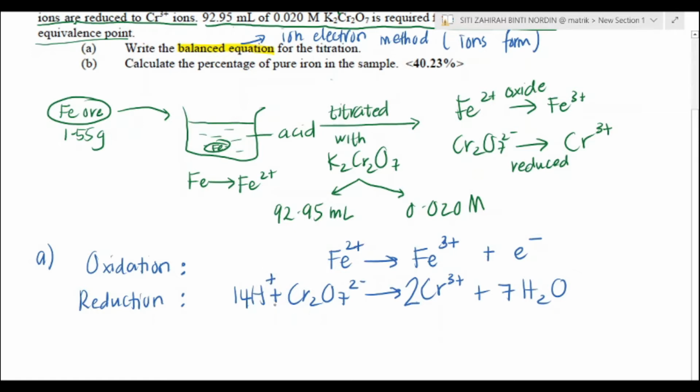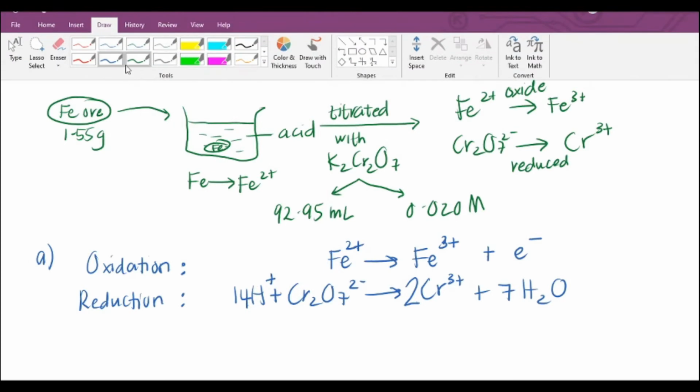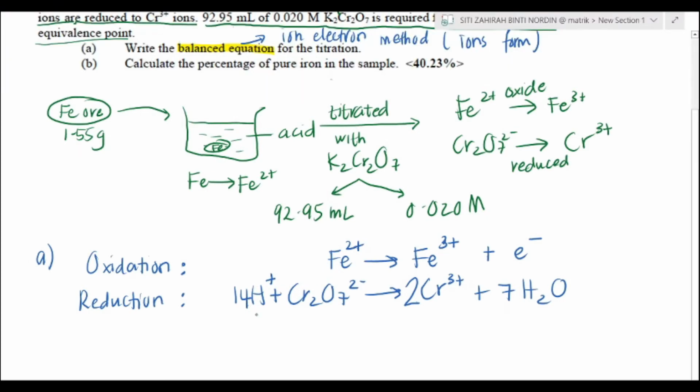Let's check the total charge. 14 plus negative 2 is positive 12, and this is 2 times 3+, which is positive 6. So we need to add 6 electrons at the reactant side for the reduction half equation.